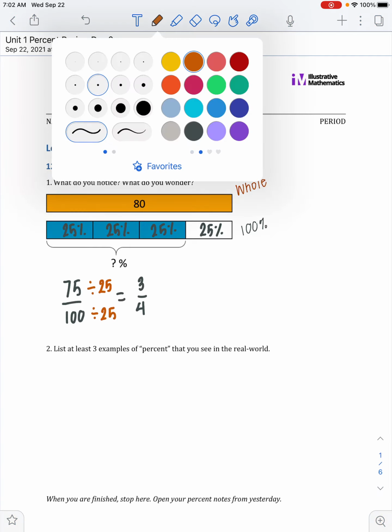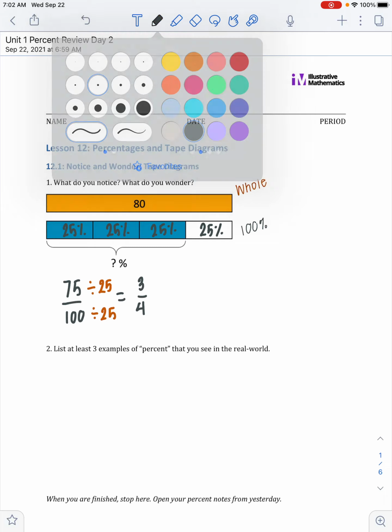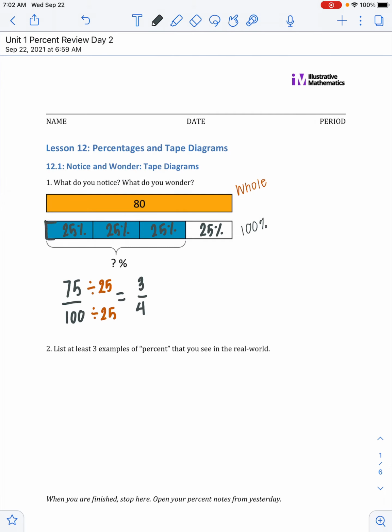And of course, you could also show what is 75%, and again, 75% is this blue part of the diagram. You could show what 75% of 80 is in the same way. 75 over 100 equals something over 80. Now, this proportion is a little bit difficult because you're not dividing by a whole number.